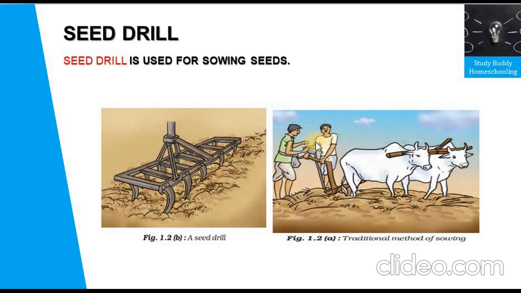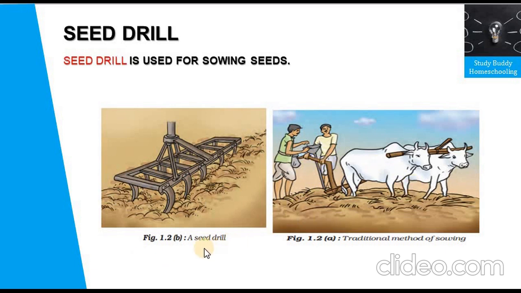Traditionally they use a funnel like structure through which they put the seeds down and it was connected to the plow, and as the animals move the seeds were getting placed at different intervals. The disadvantage with this system is that the seed is just open, it is not closed by the soil, so there's a chance of the seeds getting picked by birds or animals.